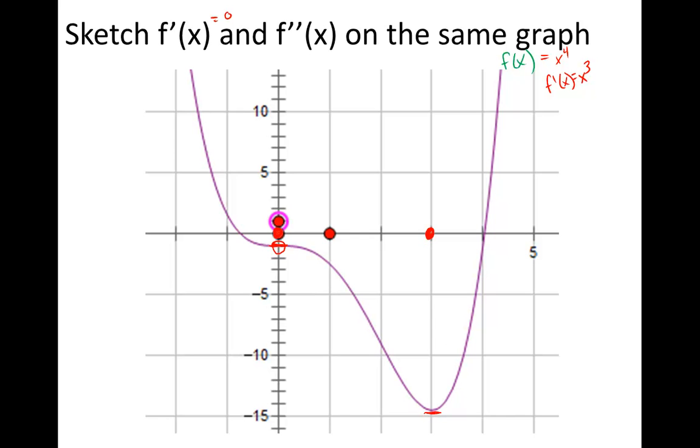Okay? Now, from there, we're not going to have exact values. We're just going to kind of sketch it. But notice that before this one, it's a negative slope. Now, if it's a negative slope, that means that the derivative graph has to be below 0. So it's going to come up here, something like this. So I get to the point.